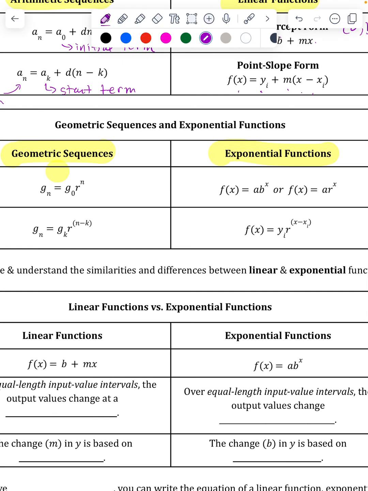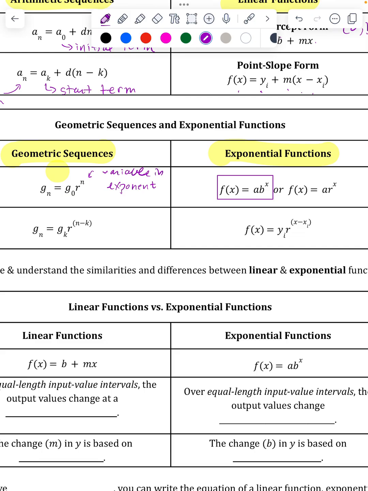Geometric, on the other hand, are exponential, meaning that you have your variable in the exponent. And you don't have an increase that's adding and subtracting. You have an increase that's multiplication, repeated multiplication, which is where exponents come from. So these equations are the same as what we learned when we learned exponential functions in the past, where b is raised to a power versus r raised to a power.